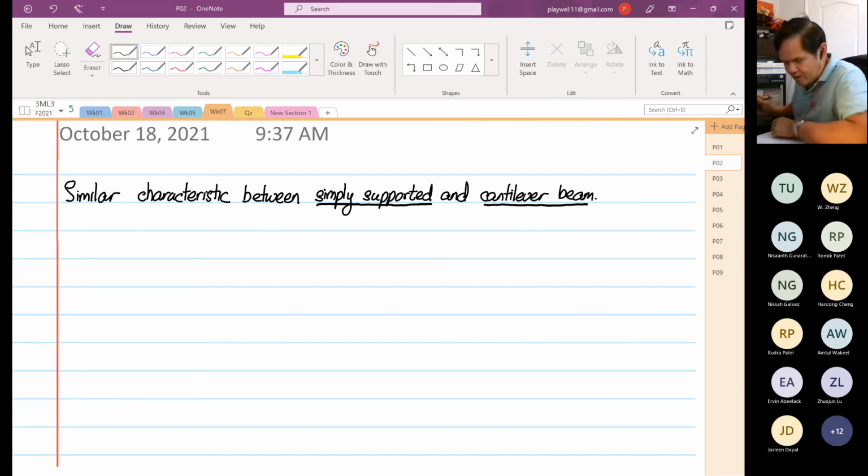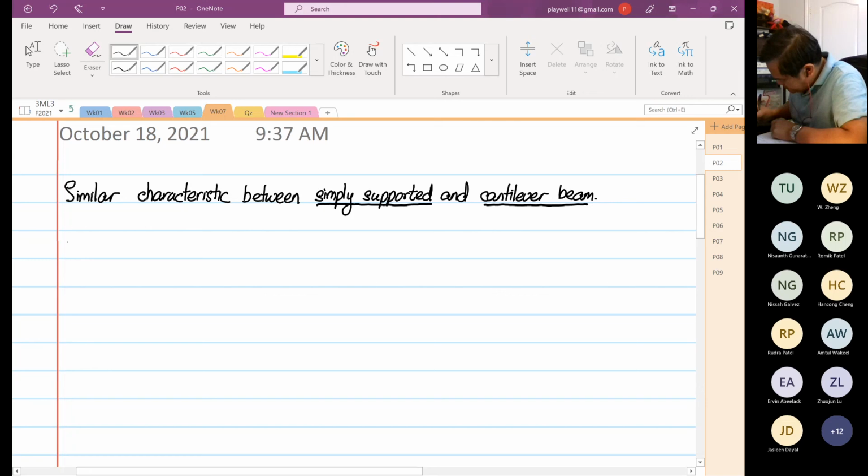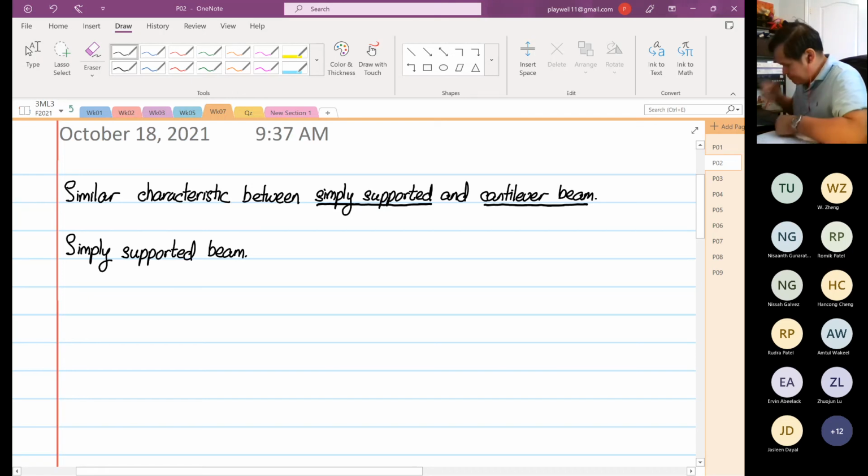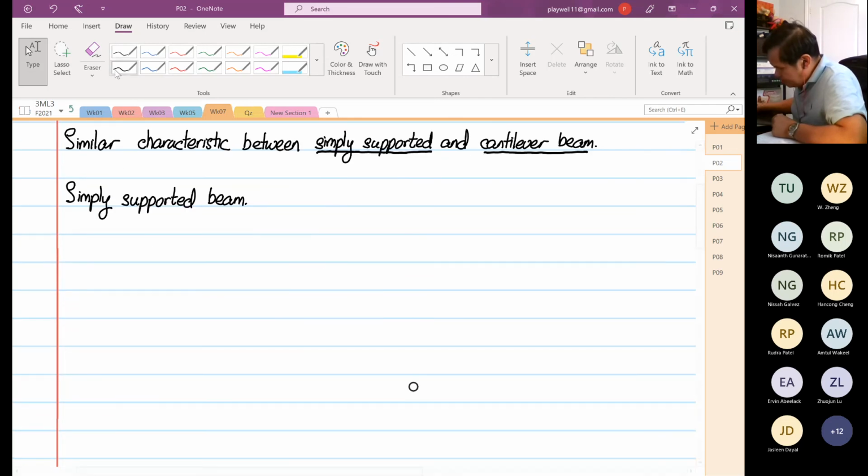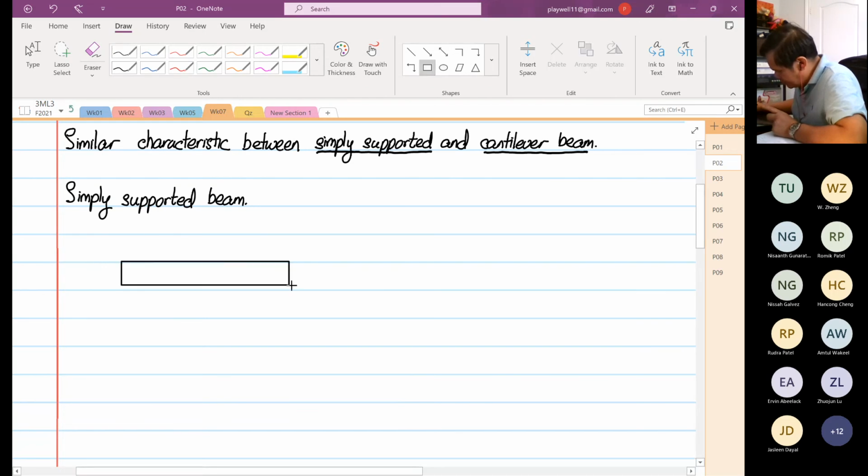So let's look at a simply supported beam. This only works in this condition, not in any other condition, but this condition of loading is very common.